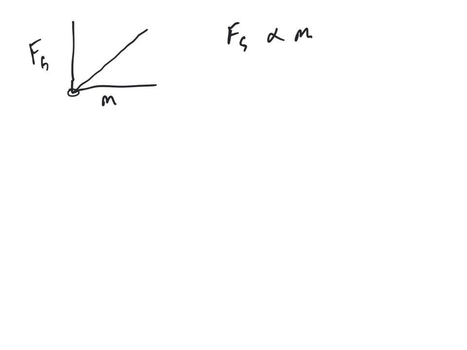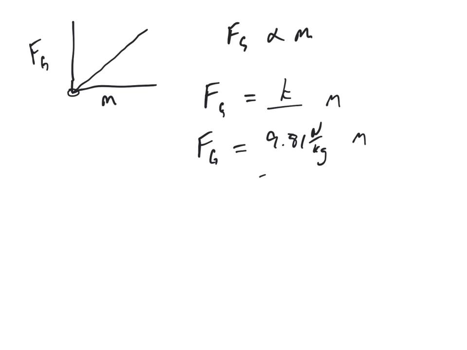So let's look at this weight versus mass. If the weight is directly proportional to the mass, that means that the force of gravity is equal to something times the mass, and that something is our constant of proportionality, or our slope of the graph. And it's kind of cool looking at your post-lab forms, because it looks like most of you guys did some careful measuring, and the accepted value for that slope is actually 9.81 newtons per kilogram.